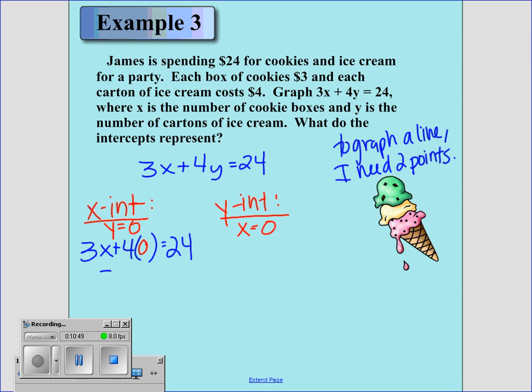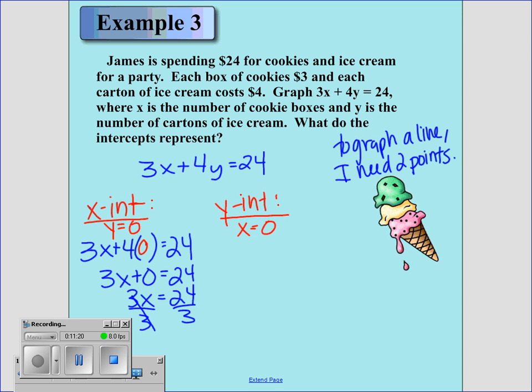After you substitute 0 in for y into the equation, all you have to do is simplify the equation. 3x does not change. 4 times 0 is 0. And 3x plus 0 is just 3x. Once you get down to this step in the equation, you need to get x by itself. I have to refresh our memory all the way back to the second unit. For multiplying by x, in order to solve, we have to divide by x.